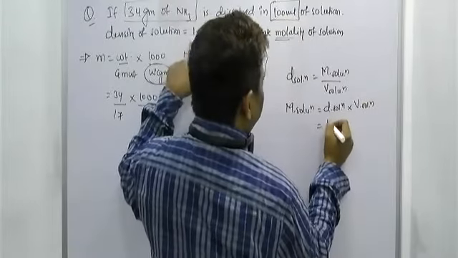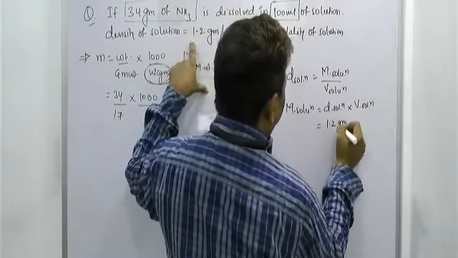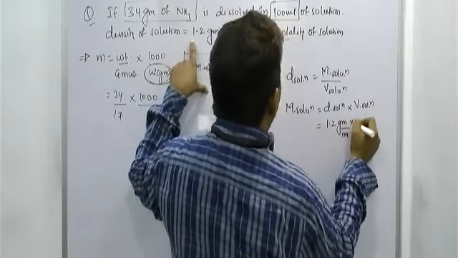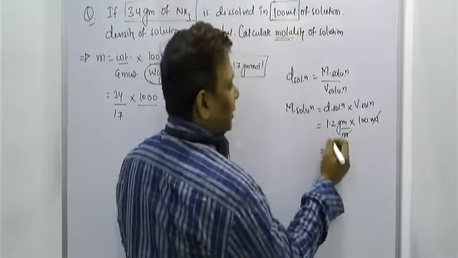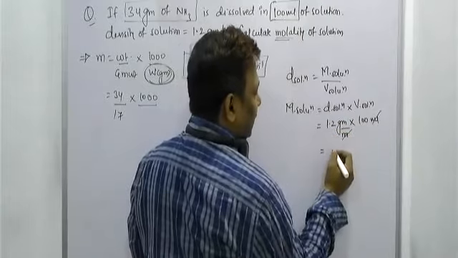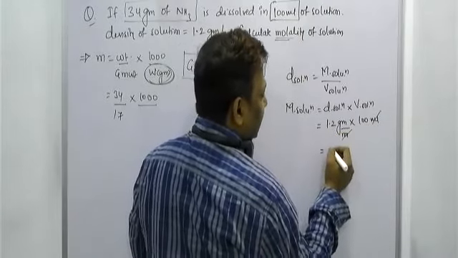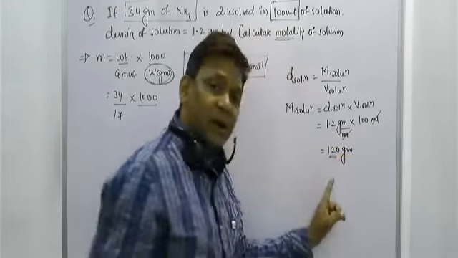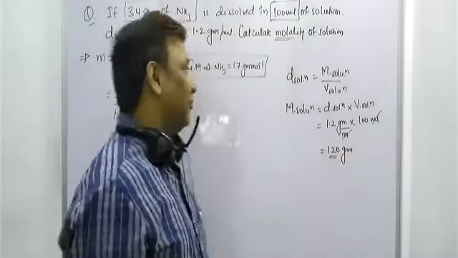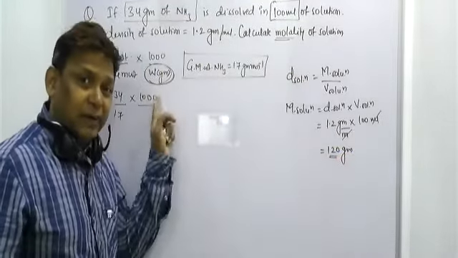Density is 1.2 gram per ml, volume is 100 ml. The ml get cancelled. Beta, 1.2 into 100 gives 120 gram, the mass of solution. What do you want, beta? You want the mass of the solvent.